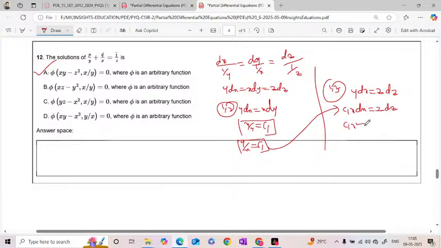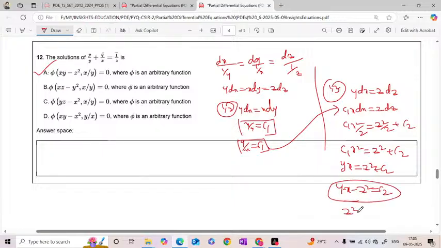Integrating, x square by 2 and z square by 2 plus constant. So c1 x square equals z square plus c2. Now c1 is equal to y by x, so y x equals z square plus c2. That means yx minus z square is equal to c2, or z square minus xy is equal to c2.